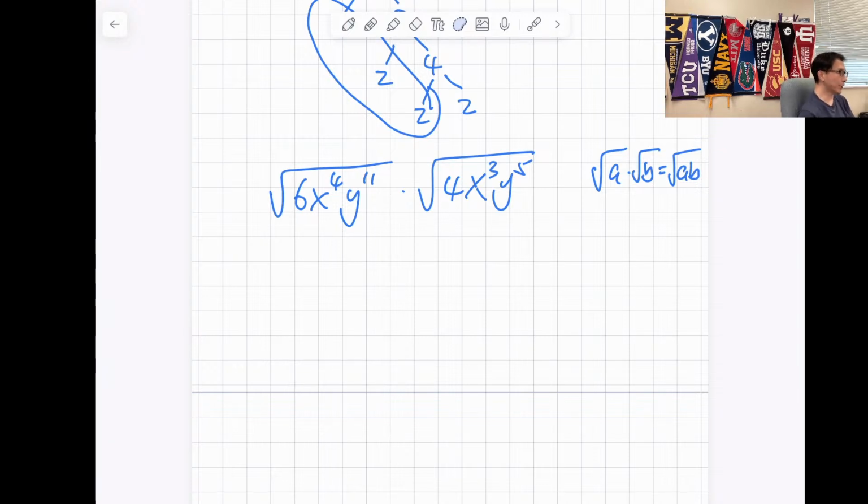Do you remember our exponent rule? Same idea. So now we're adding on extra things. So see if you guys can handle it.